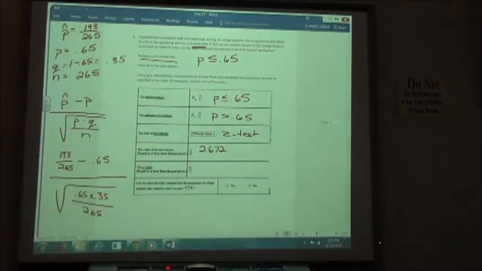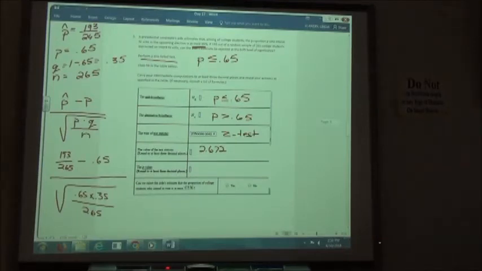If you're doing it on that calculator, you have to hit a bunch of equals. You would do 193 divided by 265 minus 0.65, which is all on the top of the fraction. Then you'd hit equals.